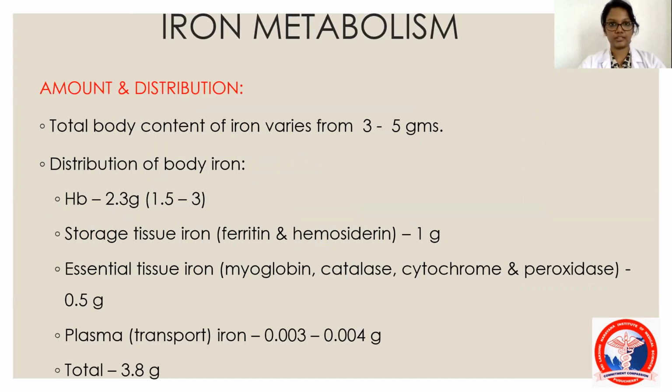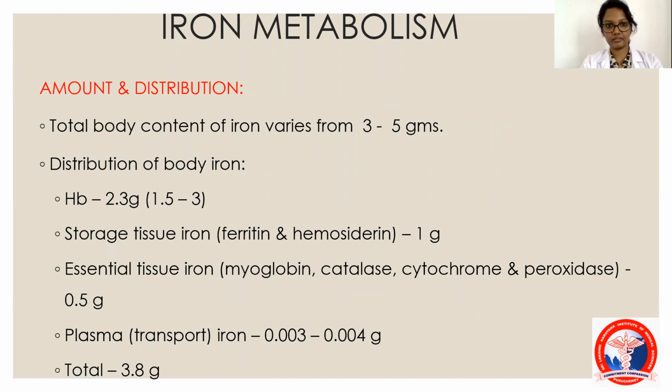Now, before we go into iron deficiency anemia as such, it's important to know the normal metabolism of iron. The total body content of iron varies from 3 to 5 grams. This iron is present in the body in two different forms: a storage pool and a functional pool.